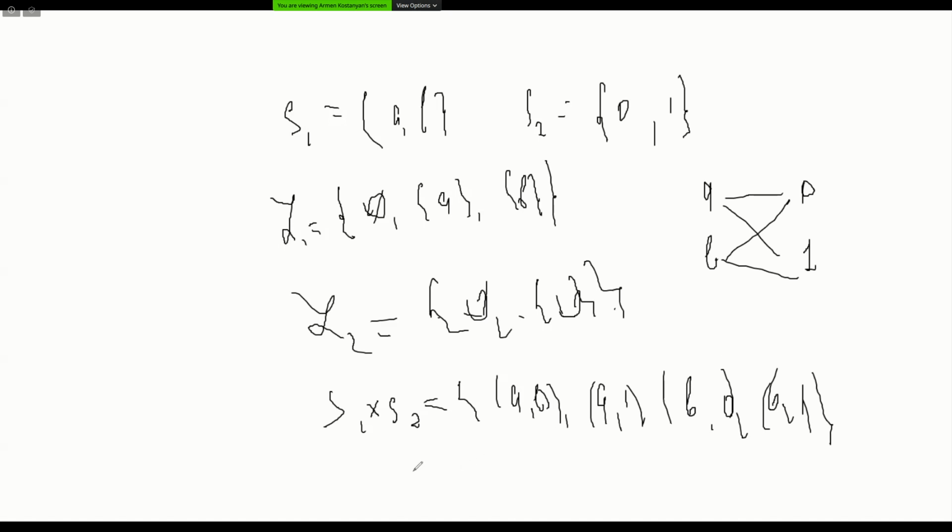And according to our construction, we need to include in I all possible combinations where we have an element x1 from I1 and x2 from I2, and then we need to construct the Cartesian product of x1 and x2.